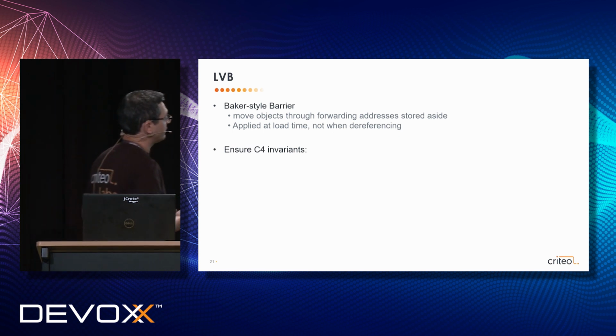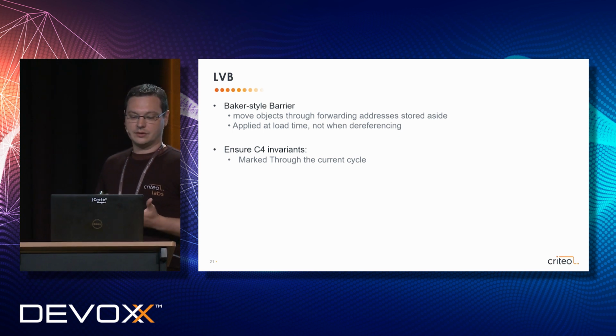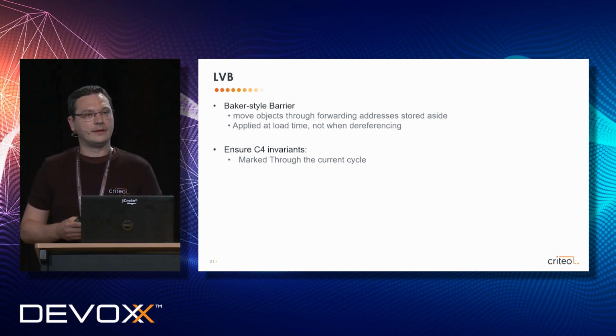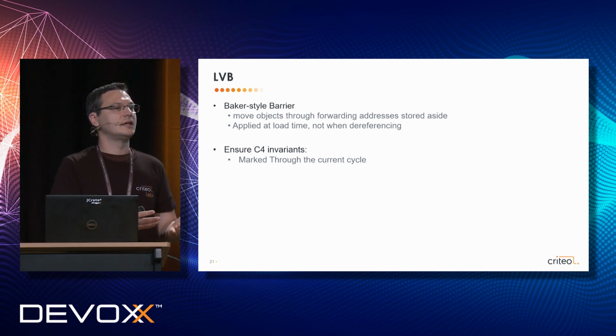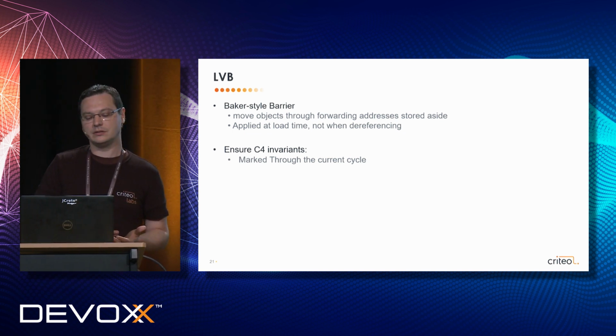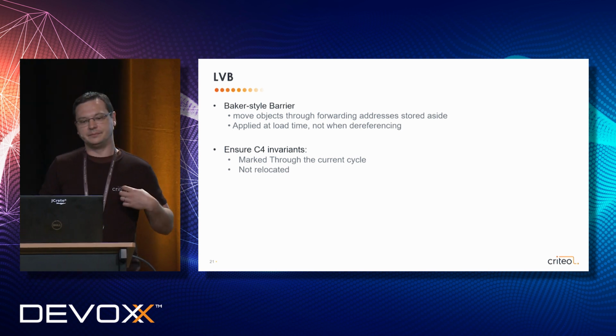So this barrier is also to ensure that we have those invariants, that we have a mark-through. It means that this object that we are trying to access is marked for the current GC cycle, and it's not relocated.